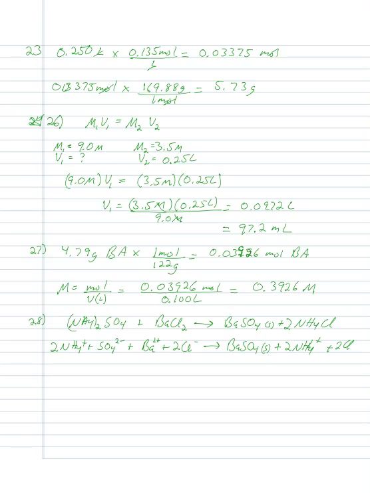Okay, so we know that these 3 that aren't labeled are aqueous. So this is going to break into 2 NH4 pluses, plus a sulfate with a 2 minus, plus my barium with a 2 plus, 2 chlorides with a minus.